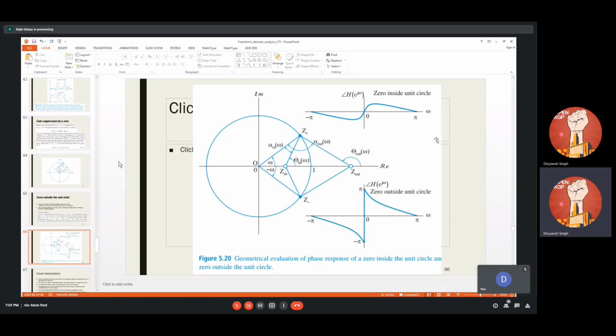Okay, so this diagram is done. We have drawn this, then I will move ahead.